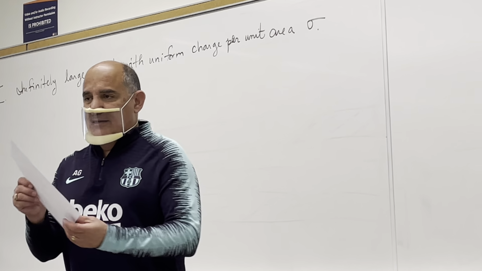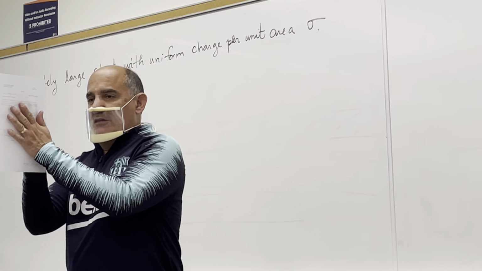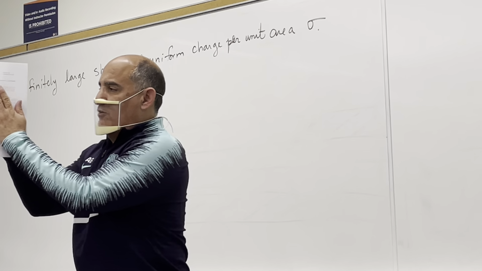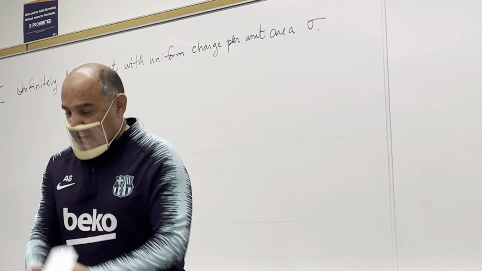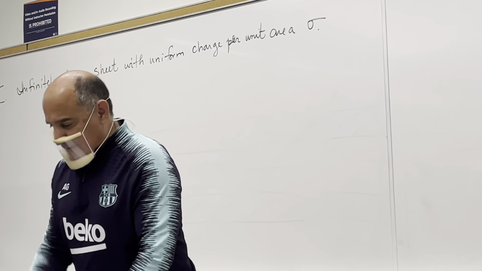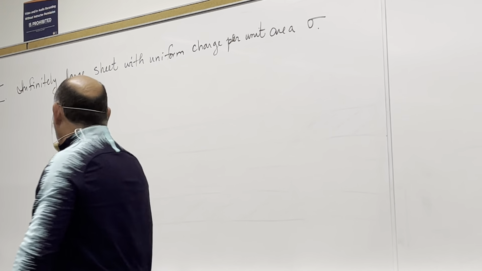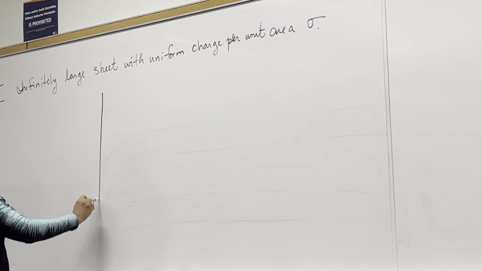is a sheet like this with charge here and charge there. And instead of looking at it like this, I'm going to look at it like that. Because then I can say, what is it that you feel here? What is it that you feel there? If I have it like this, then it's in front and behind, but then I wouldn't be able to see behind. So the infinitely large sheet is this.